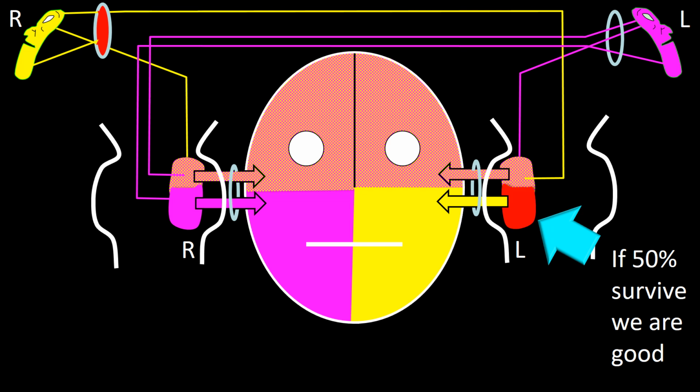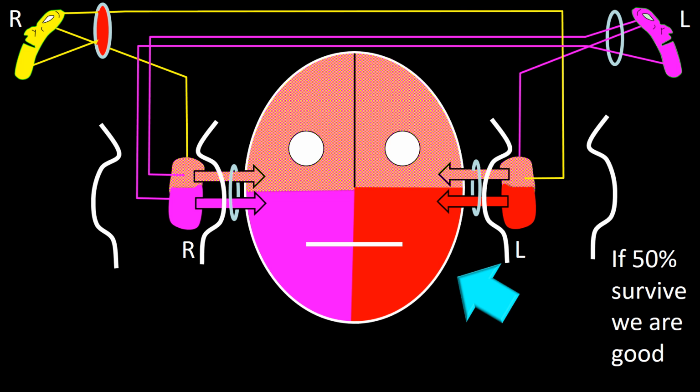These neurons die, and so do their axons, as indicated here, leading to weakness in the left lower quadrant of the face.